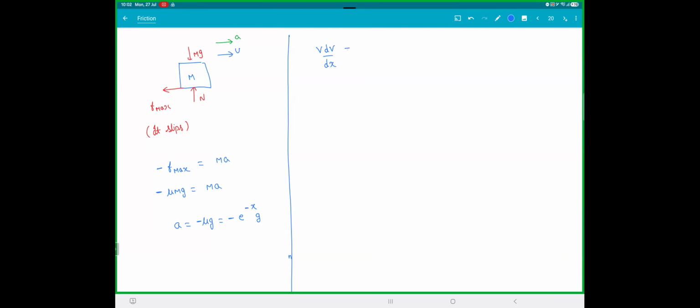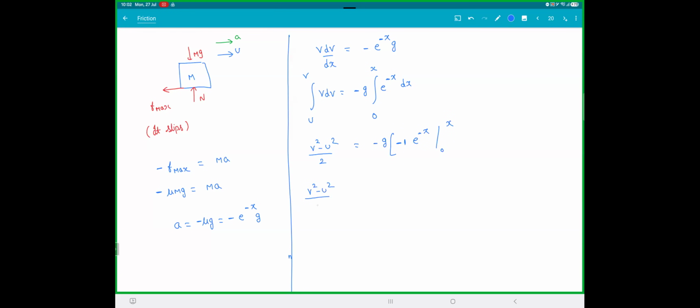At this point, the friction chapter got over. This is all kinematics. So v dv equals minus g e power minus x dx. Integrate. Initial speed is u, initial x is 0, and you want to go to infinity. I can directly put infinity here, but let me do it with x and then see what happens. So this would be v square minus u square by 2 equals minus g into minus 1 times e power minus x, with limits from 0 to x.